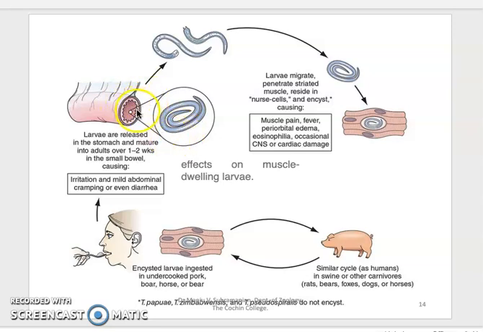They then migrate through the intestinal fluid and penetrate into the striated muscles, where they get encysted, and the same life cycle repeats when the infected muscle is taken by another organism, raw or improperly cooked, by another man. So that's all about the life cycle of Trichinella spiralis.